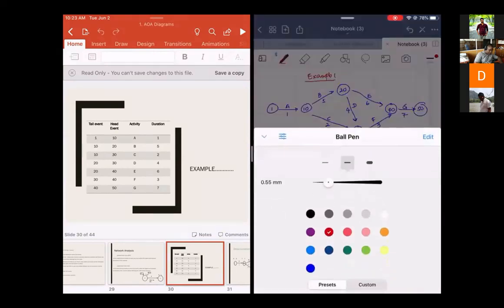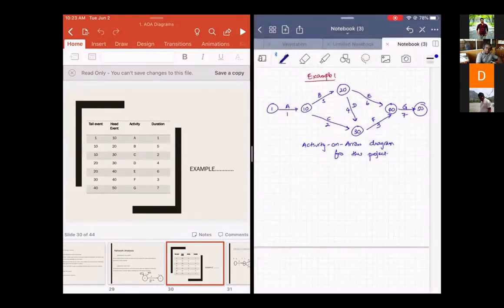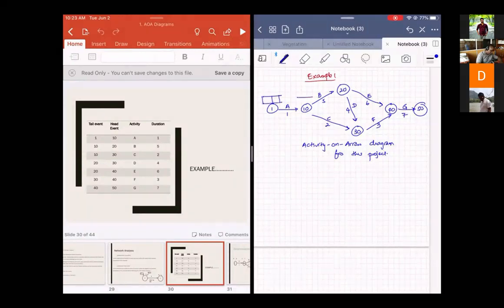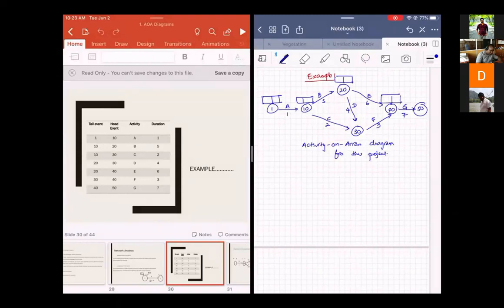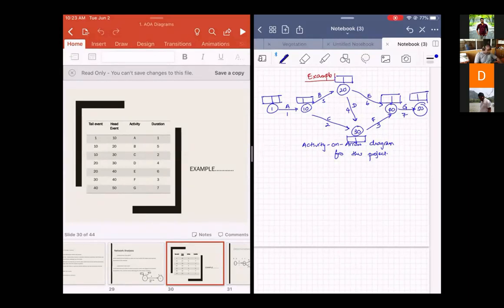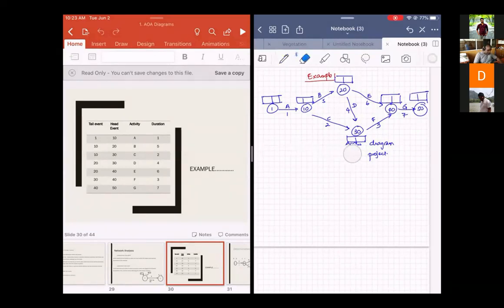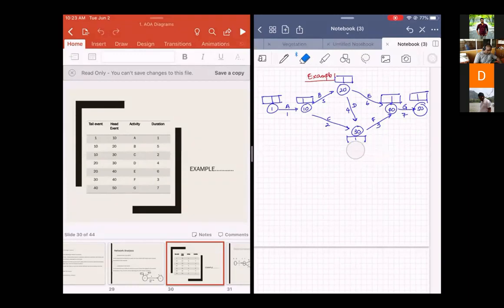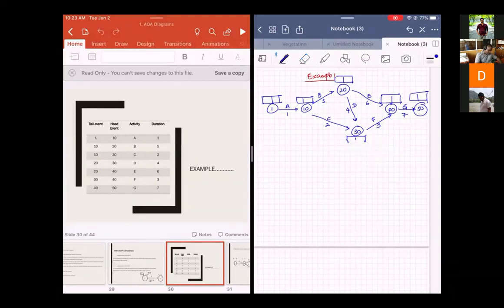Now I have told you we need to find the event types. So we have to draw something like this on top of each of these events. We don't have space, so I'm drawing it below that. So I'm going to discuss the way of solving this now.